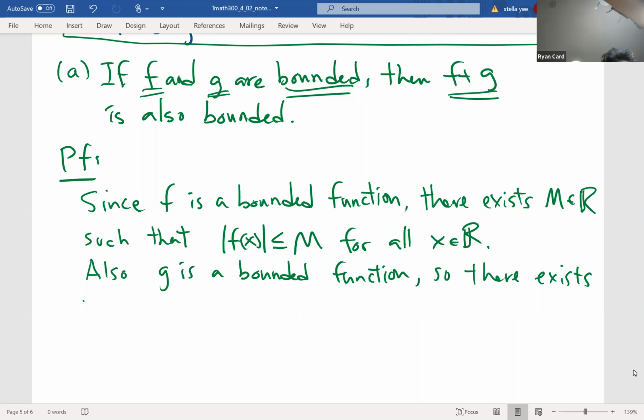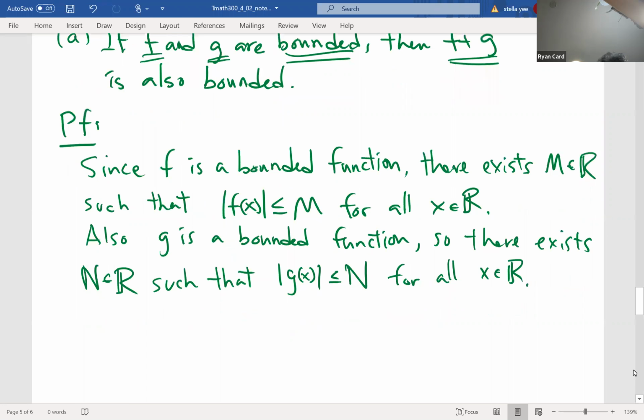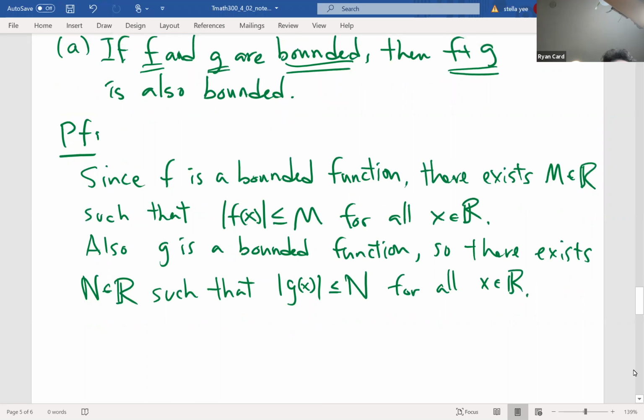Let's just say n. There's a constant n such that all of the output for function g is less than or equal to n for all real numbers x. Okay. Now I'm going to use these two facts to come up with a constant for the sum f plus g.